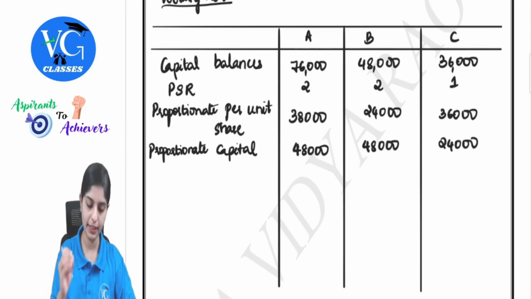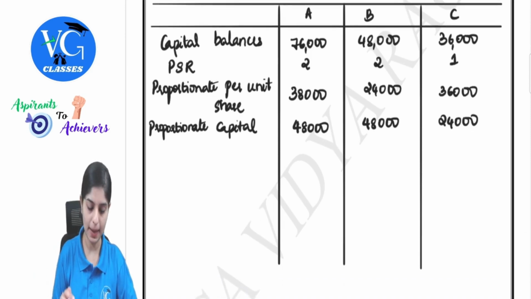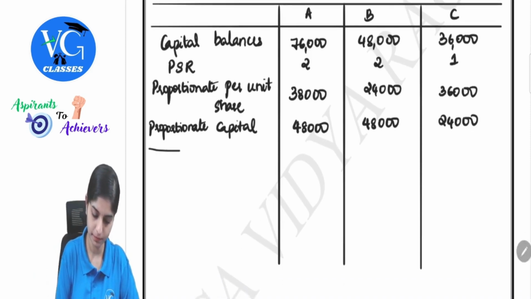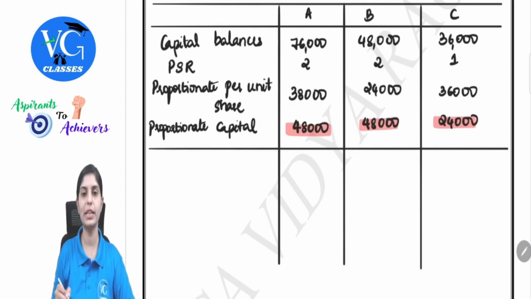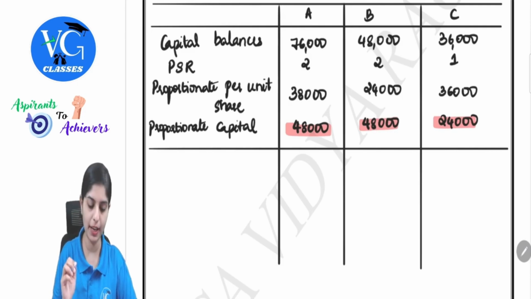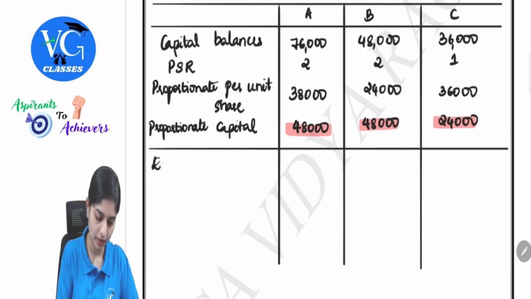Now we will find out the excess capital. This was the proportionate capital. Whatever we have calculated now is the proportionate capital if I take one person's least capital as the base. If I want two shares, how much is required?